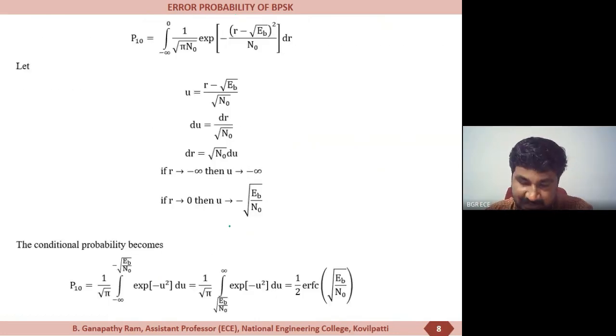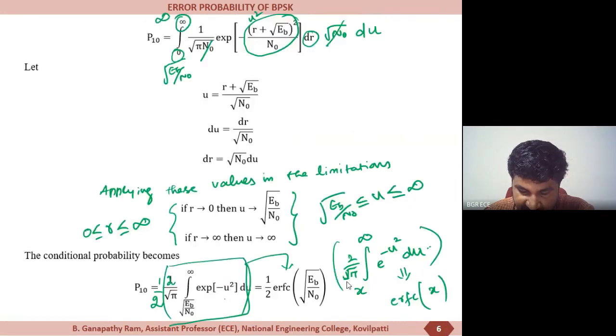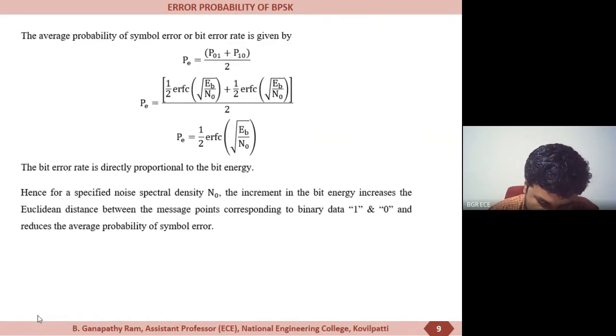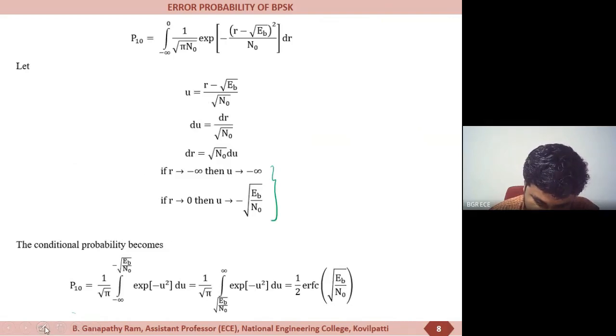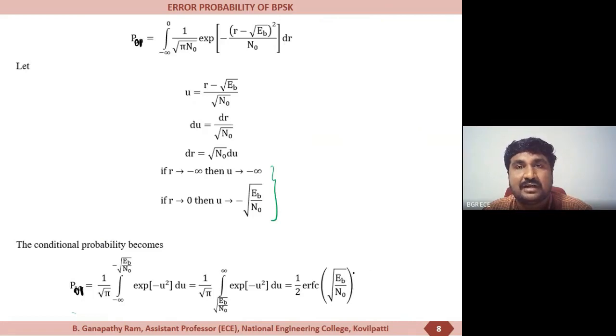By applying the value here and assuming that u is equal to R minus square root of EB by square root of N0, and changing the limits and applying here, we will again get P01 as 1 by 2 into error function of square root of EB by N0.